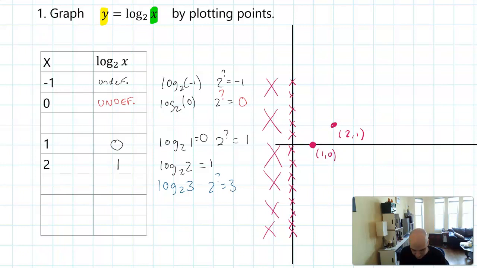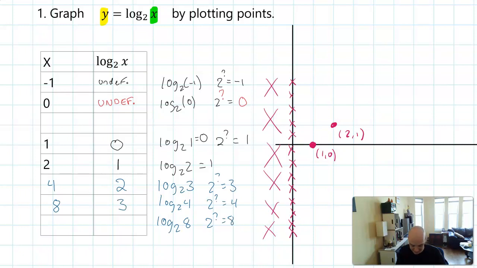So instead, when we're making our x table for logs, you want to be smart and think about things that are nice powers of 2, like maybe 4, because log base 2 of 4 is saying 2 to the what equals 4? Well, that's 2. And we can go one more. What about 8? Because log base 2 of 8 is saying 2 to the what is 8? That's 3.